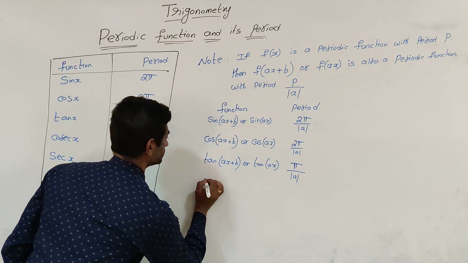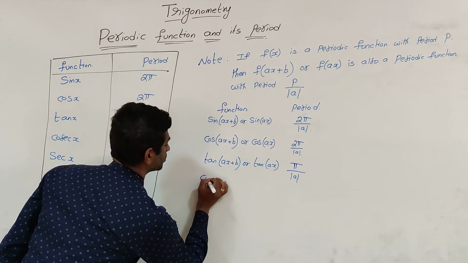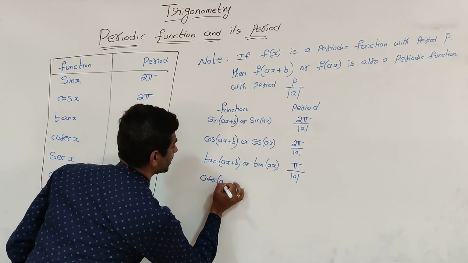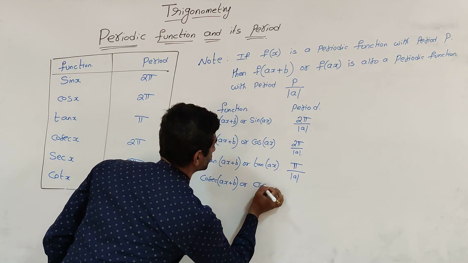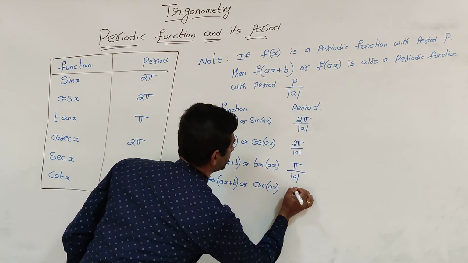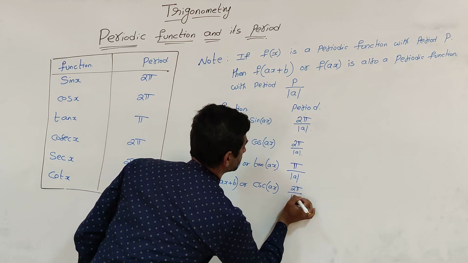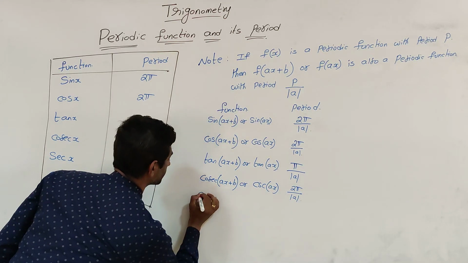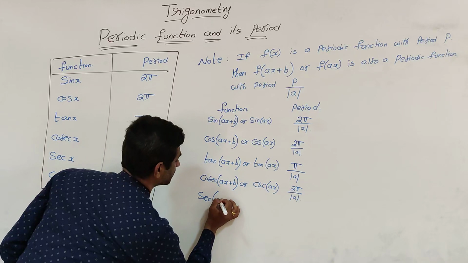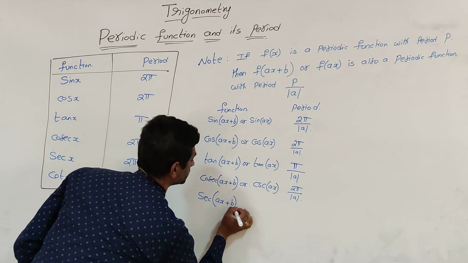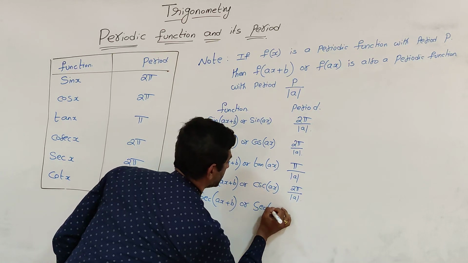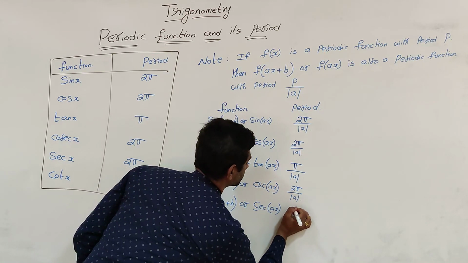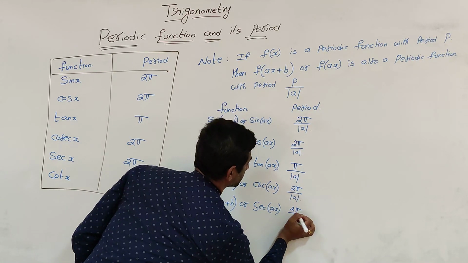Next, cosecant of ax plus b or cosecant of ax, the period is 2 pi by mod a. Secant of ax plus b or secant of ax is 2 pi by mod a.